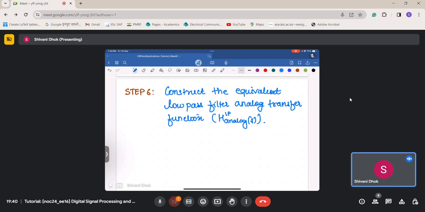This transfer function will vary based on whatever filter design you are doing.